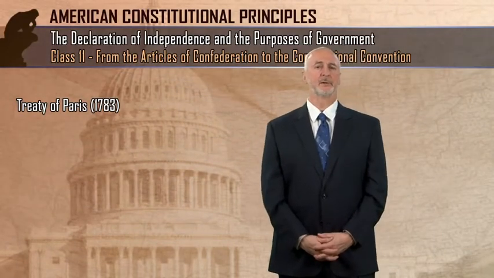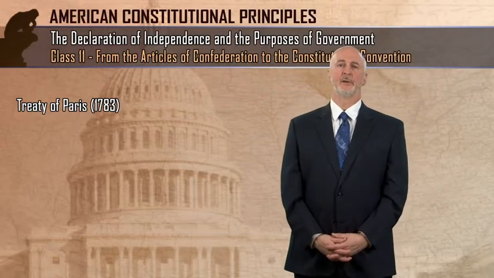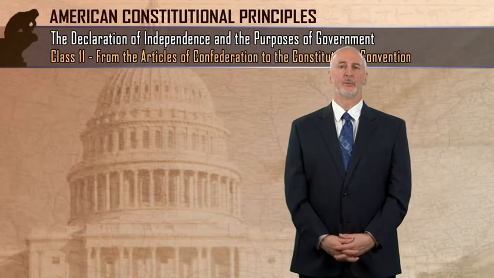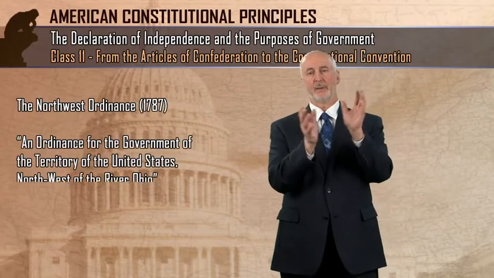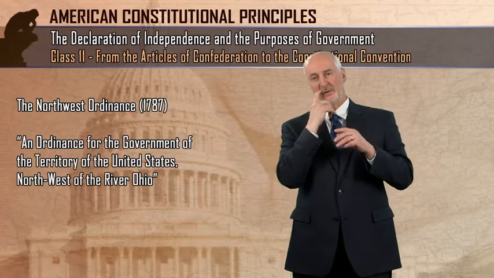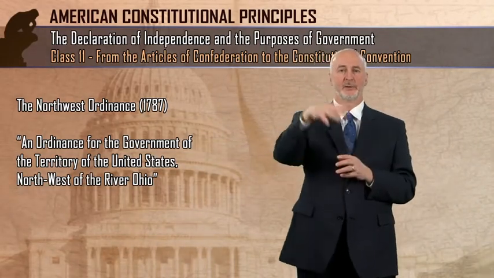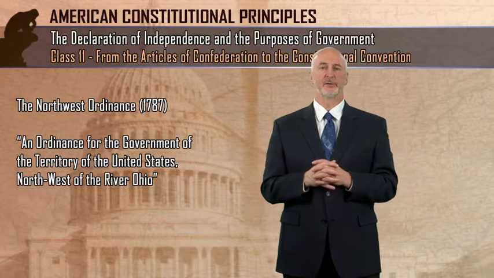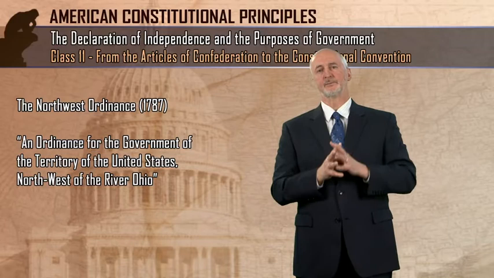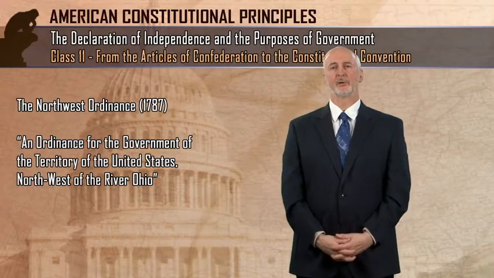Another significant achievement was the Northwest Ordinance. There's a whole bunch of territory especially in the Ohio Valley and into the Midwest, as well as territory to the west of the southern states. But the Northwest Territory in particular was regulated by the Northwest Ordinance.